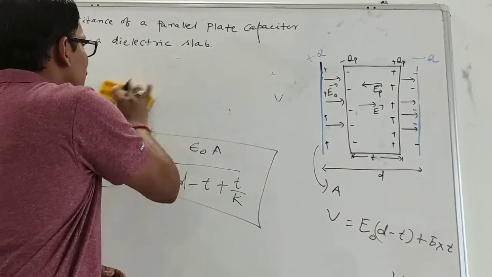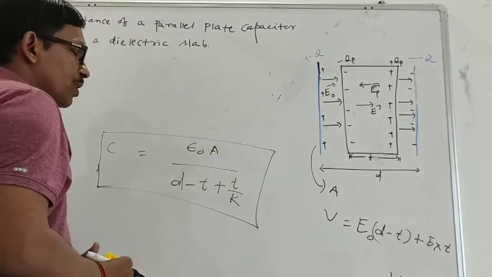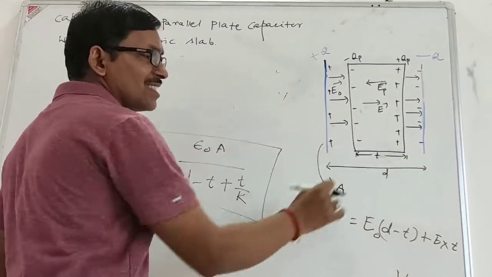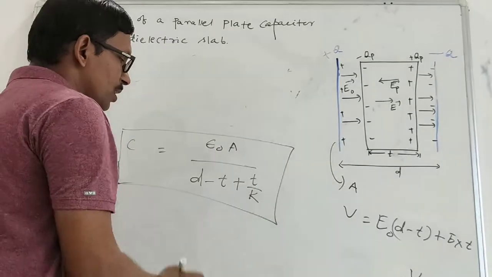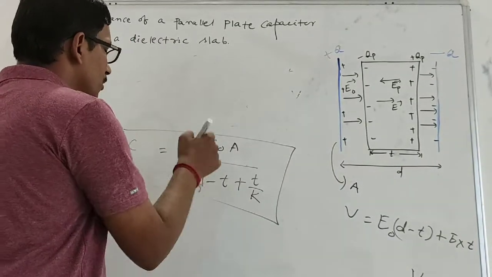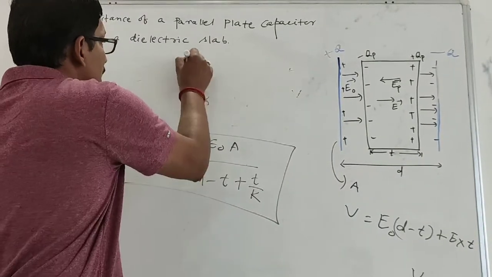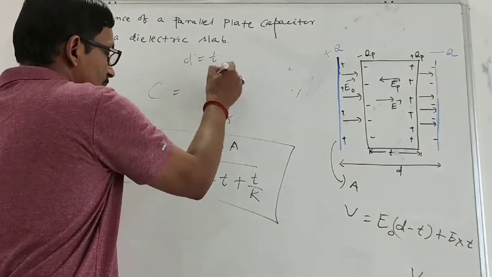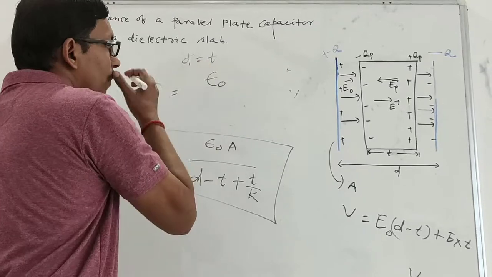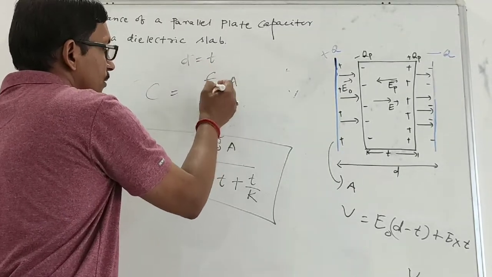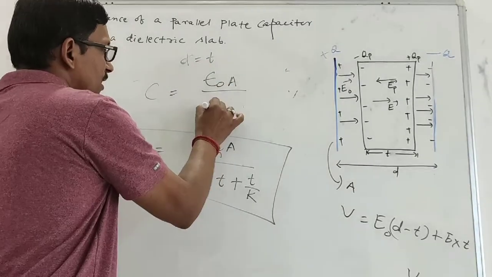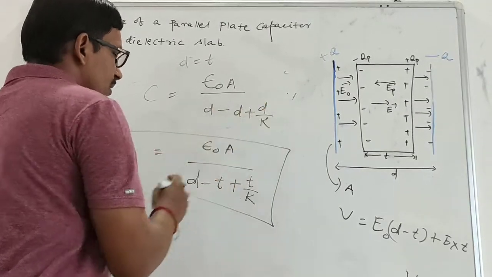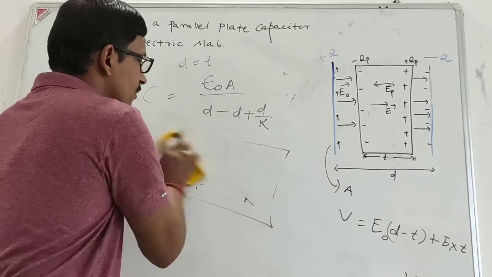The new capacitance will be, when the whole space is filled with the dielectric, that means the total thickness is T equal to D. That means here, when D is equal to T, the C will be equal to epsilon naught A divided by D minus D plus D by K. So finally what will you get?